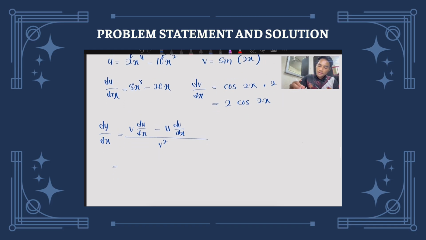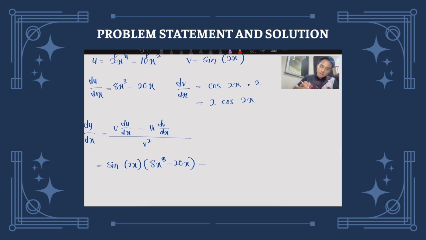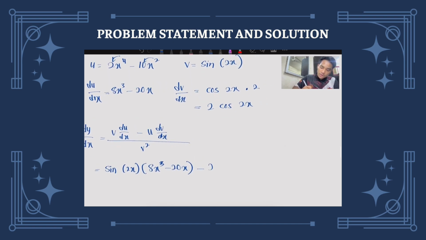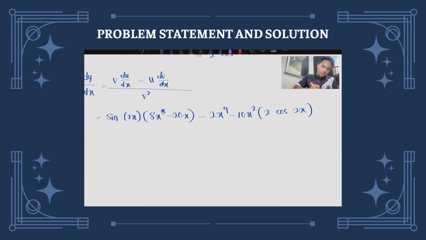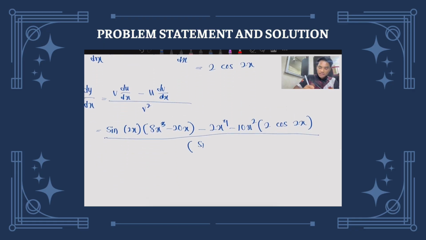We have sine 2x times du over dx, 8x to the power of 3 minus 20x, minus 2x to the power of 4 minus 10x to the power of 2, times dv over dx, 2 cos 2x, over v squared, sine 2x to the power of 2.